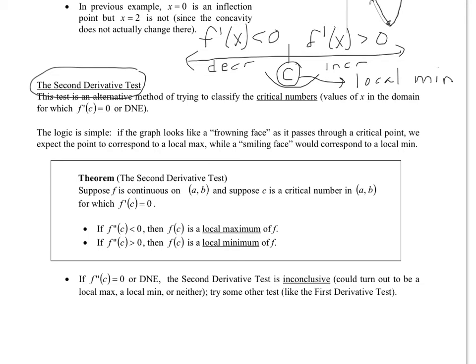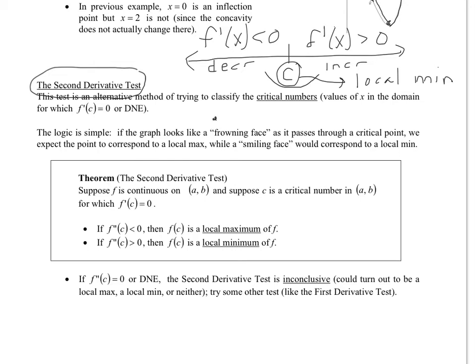Well, it turns out there's another way to determine whether a critical number is a local maximum or a local minimum, and it's called the second derivative test. And the idea is pretty simple.